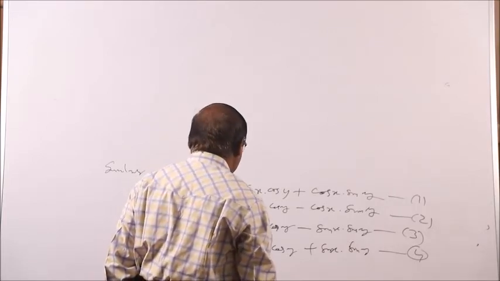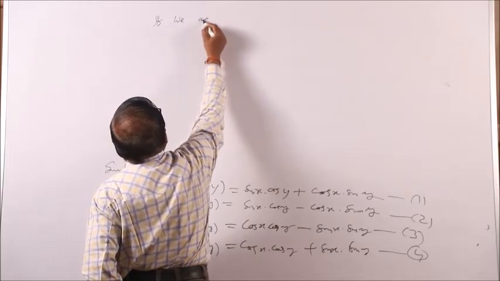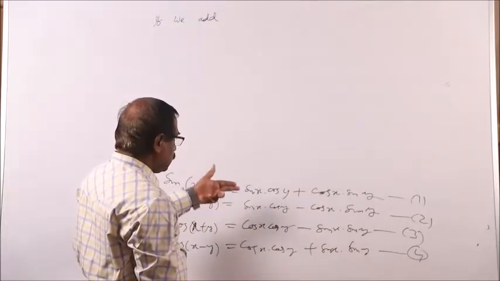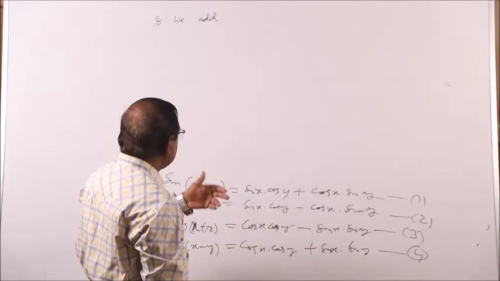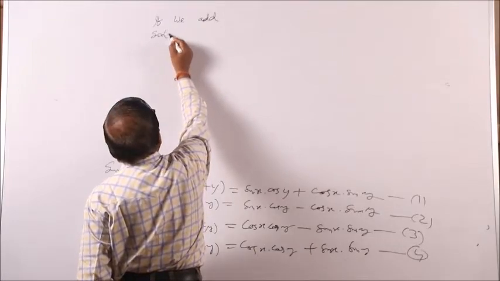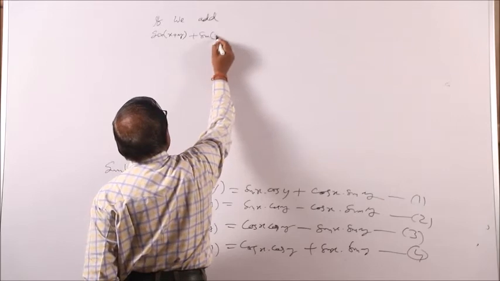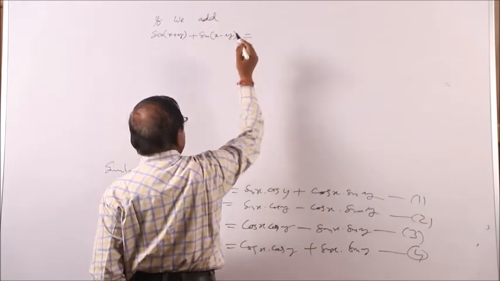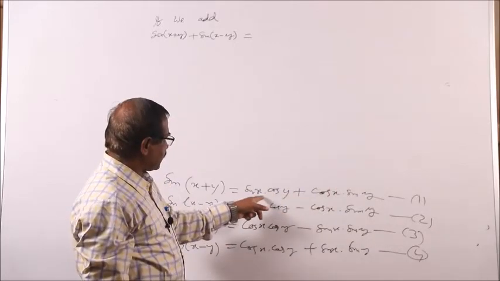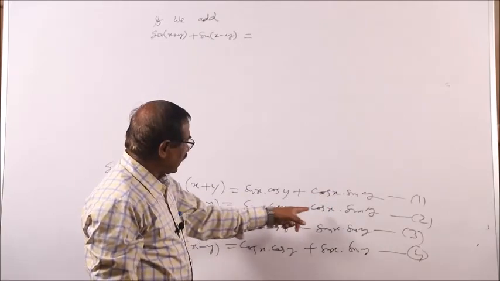If we add these 1 and 2, what will happen? You see, sin(x plus y) plus sin(x minus y). This is sin x into cos y plus cos x into sin y, and sin x into cos y minus cos x into sin y. Both cos x into sin y terms are equal and cancel.